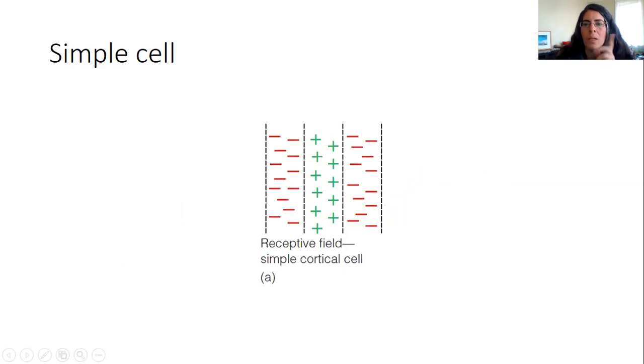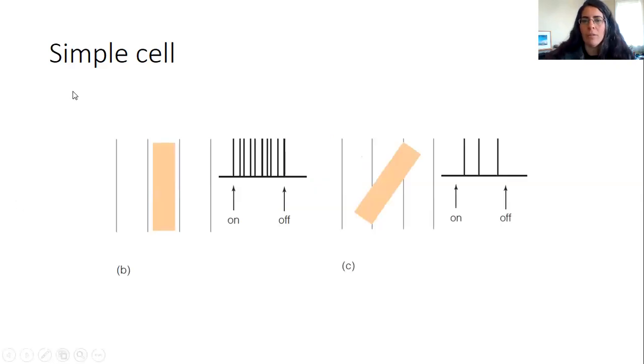Now, the visual system not only has simple cells that respond to this orientation, it has cells that like bars of light at 45-degree angles, 75-degree angles. So there are cells in the visual system that are going to be maximally responsive to this type of orientation and would actually be inhibited by this type of orientation. And you can find these cells in columns within the cortex.